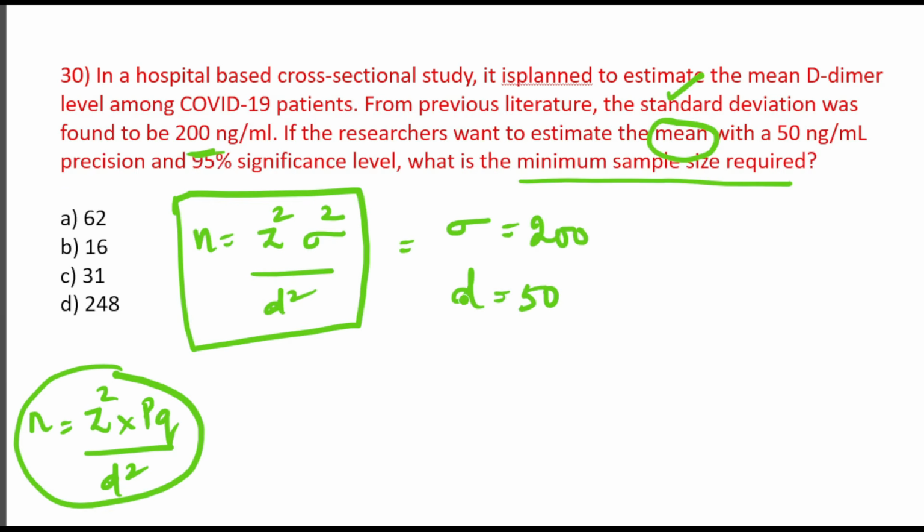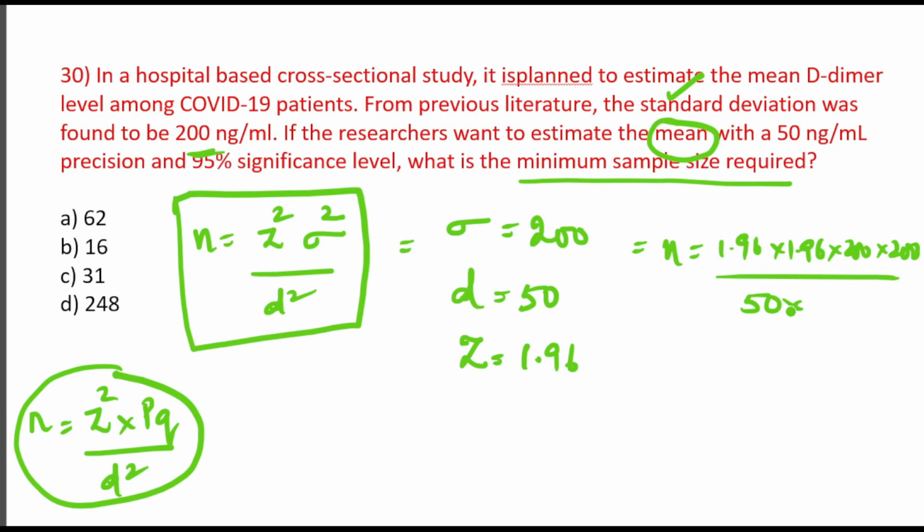Then the 95% level of confidence, Z, is 1.96. So once you substitute, n is equal to 1.96 into 1.96 into 200 into 200 divided by 50 into 50.